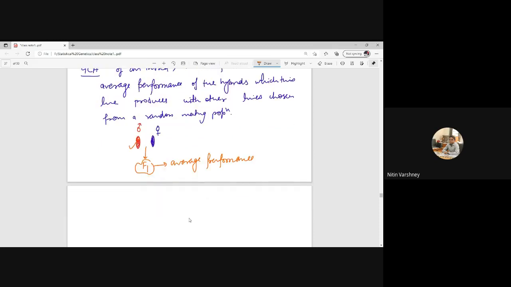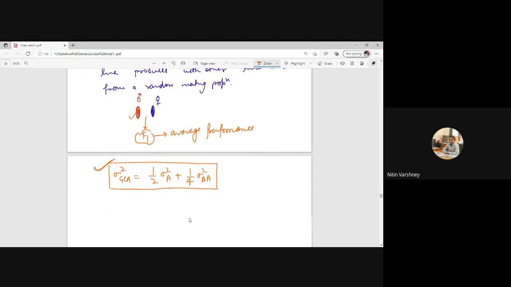The formula for the variability of general combining ability: sigma square GCA is equal to 1 by 2 sigma square A plus 1 by 4 sigma square AA. Remember this formula, it is very important. They can directly ask in the question what is sigma square GCA.